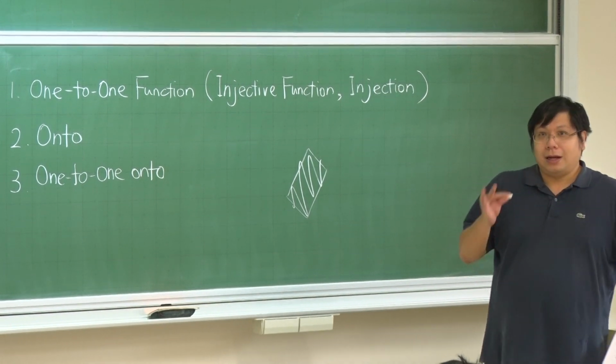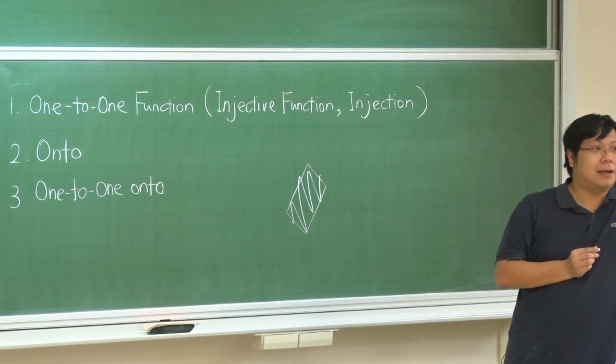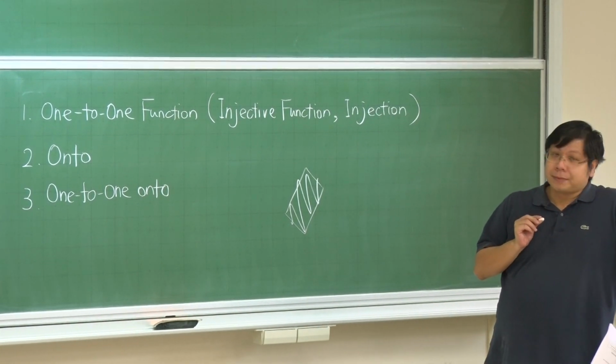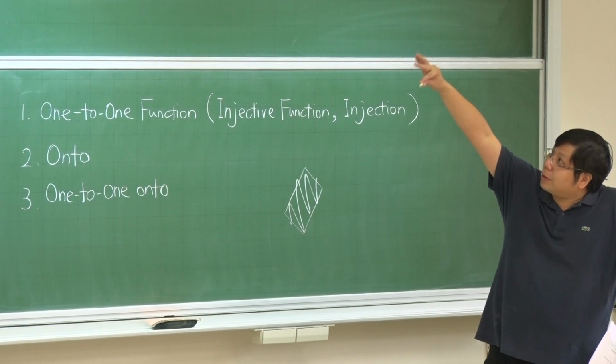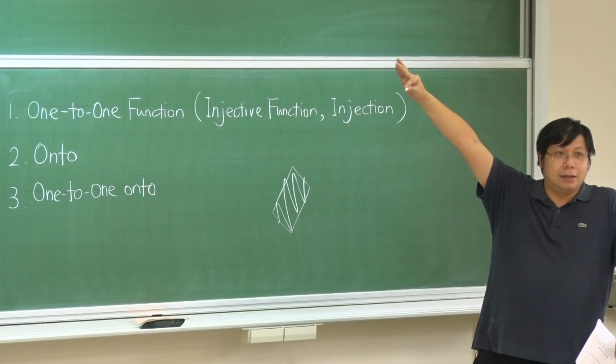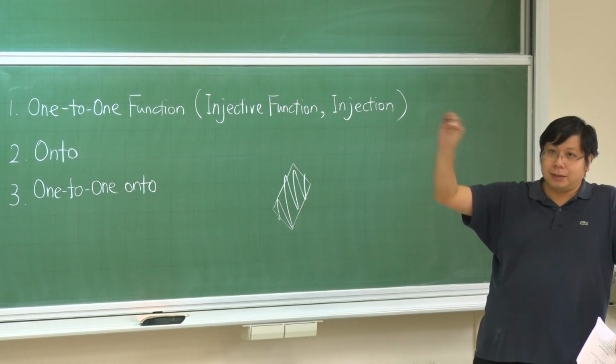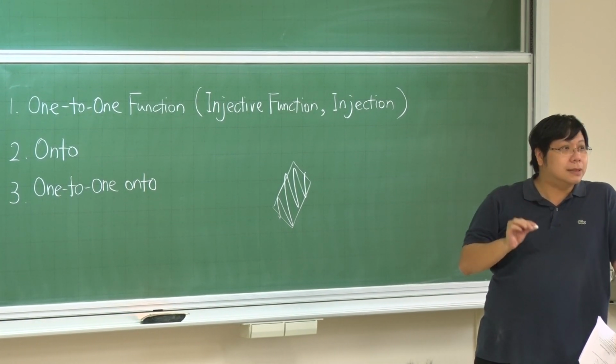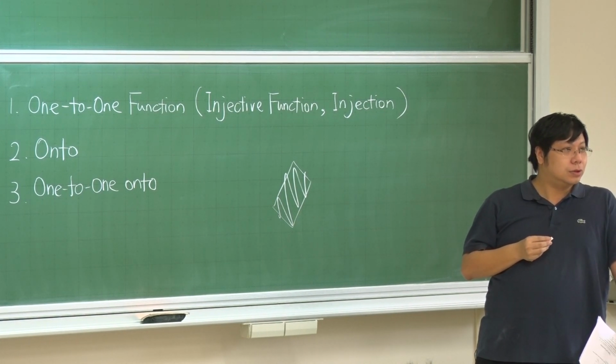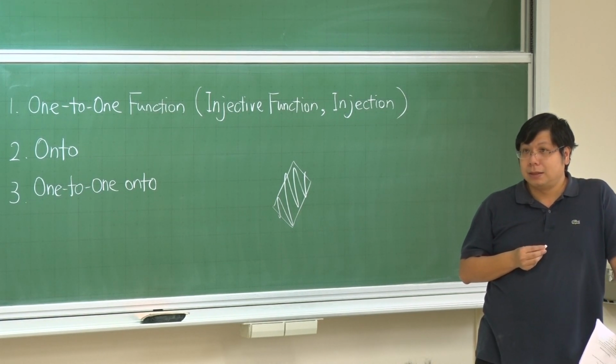So an onto function has a similar meaning. It means that all the things in the codomain have something mapped to them. So it means that the range is equal to the codomain. Is that okay?